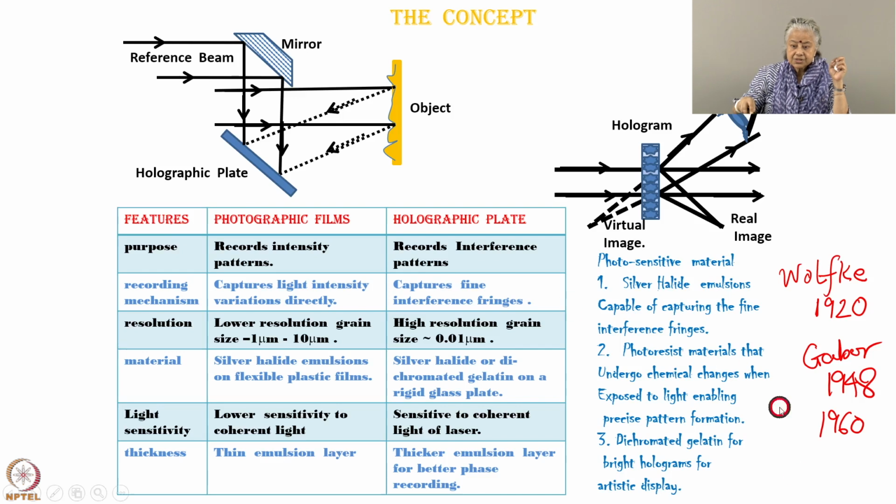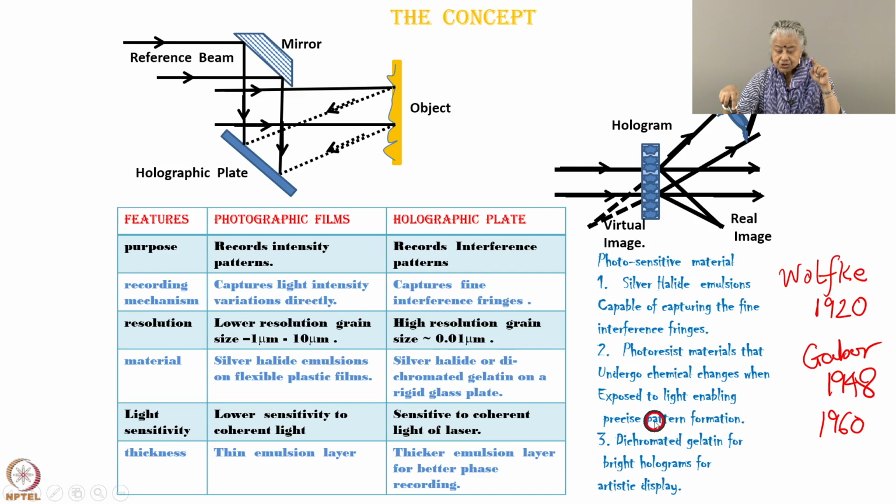Now, I have just given some properties of that film, which you know already. Silver halide emulsions are capable of capturing the fine interference fringes. That's the important part, capturing the fine interference fringes. Then photoresist materials undergo chemical changes when exposed to light, enabling precise pattern formation.